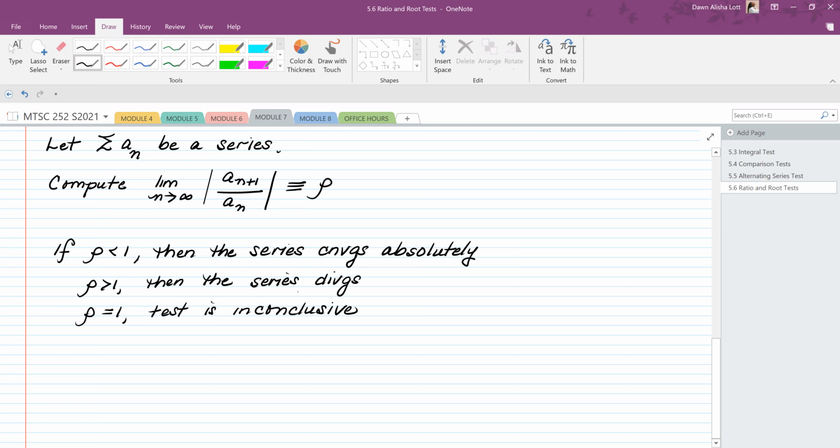So the ratio test, whenever you see factorials, those are the best ones to use for the ratio test. So this test is very useful and best suited for factorials.